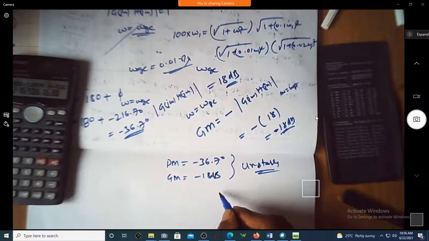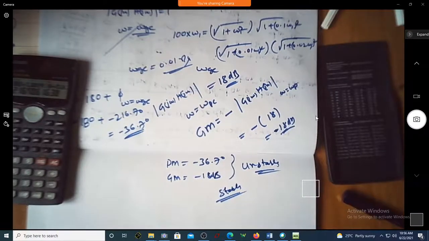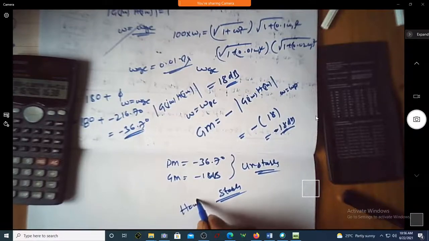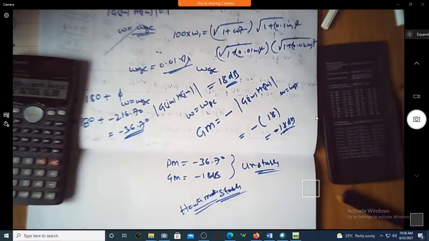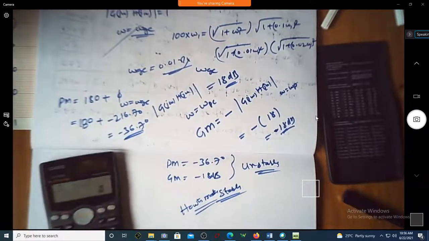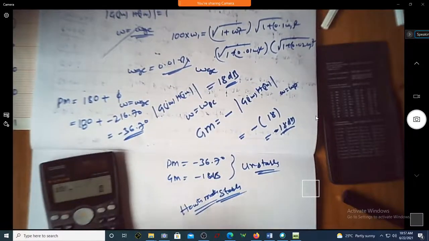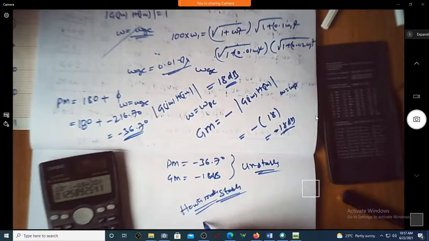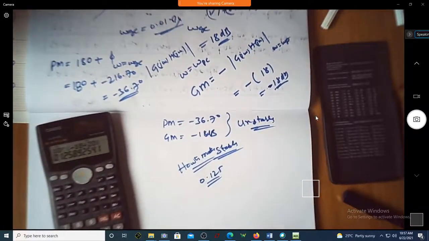How to make the system stable? How to make the system stable? What is minus 18 dB actually? So we need to... Yeah, tell me.